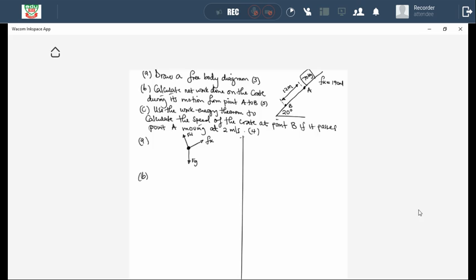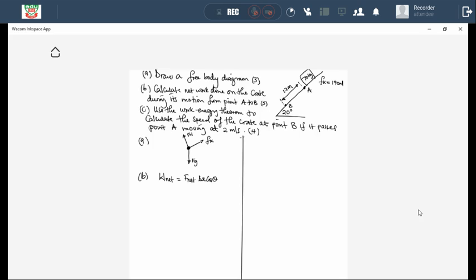Like I said previously, I've got a bias towards the second option, which is the F net method. So that's the one that I'm going to use here. So W net equals F net times displacement times cos theta. I have to resolve my Fg into components.